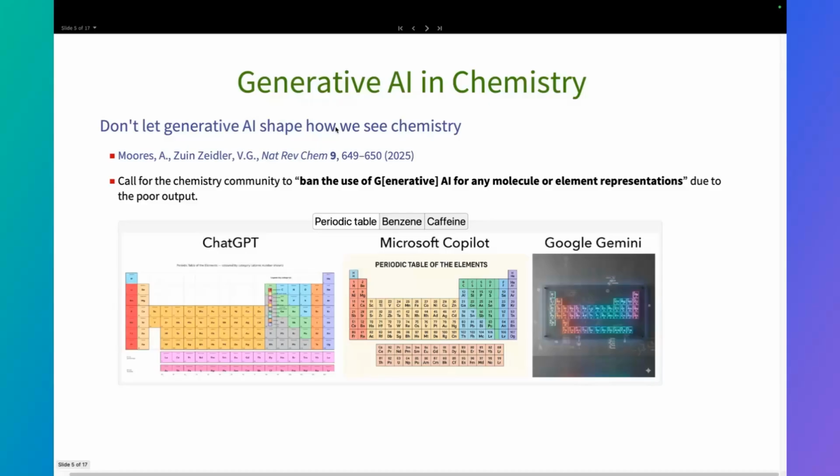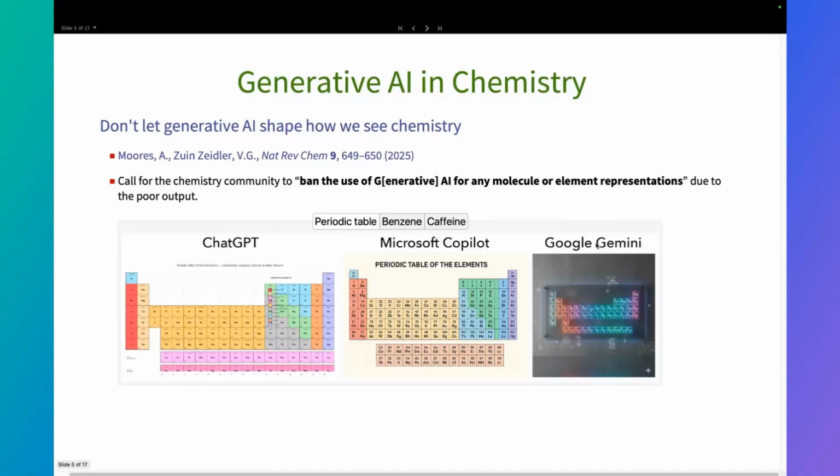And so that sort of rendering, the sort of visualizations are really a source of error when it comes to modern generative AI. And this is something that I've been talking about for about 2 years now. So this is not a new thing, but as the article goes about, here we've got an example of the periodic table from ChatGPT, Copilot, and Gemini.